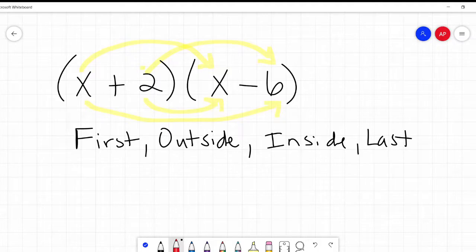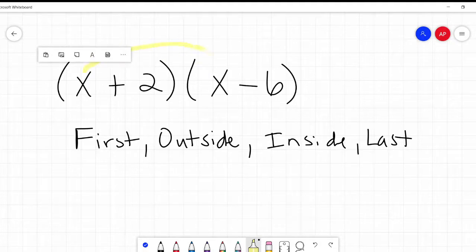You can also choose to draw it in a way that's very similar to what we just did. So, for example, you could say first, outside, inside, last. I haven't done anything different. I just drew the arrows differently, top and bottom, to make it look like a face. A lot of teachers like making it look like a face.